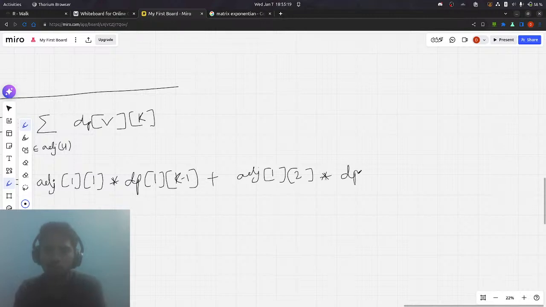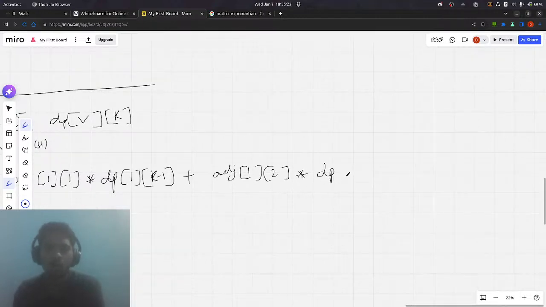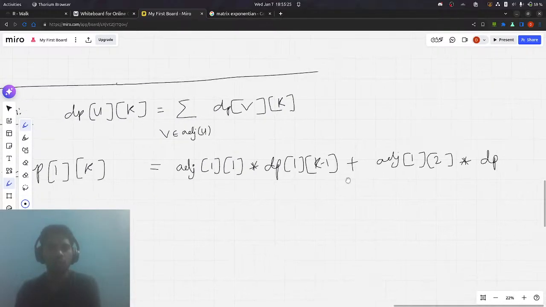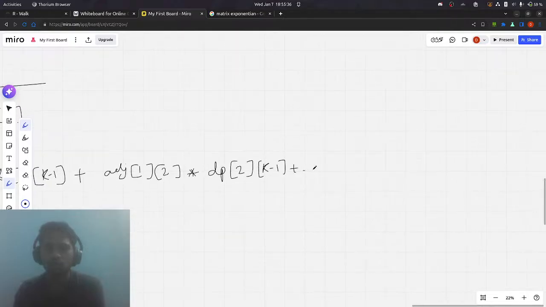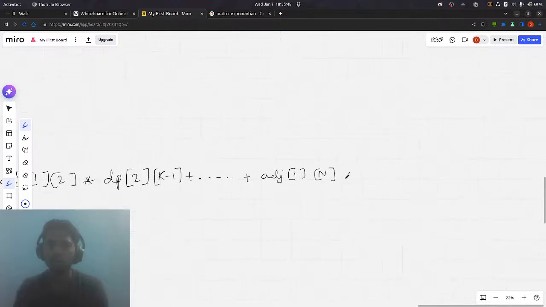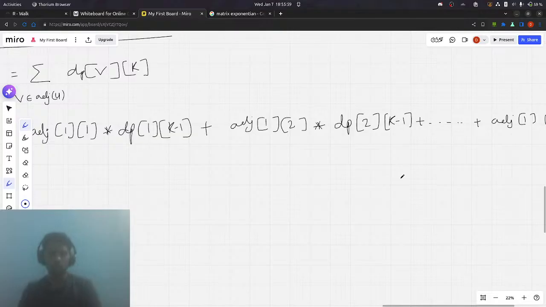And if there is, we will have all the paths from 2 of length k minus 1. So similarly we'll do this for the nth vertex: adjacent 1 and n multiplied by dp n k minus 1. Okay, so this is the first iteration.